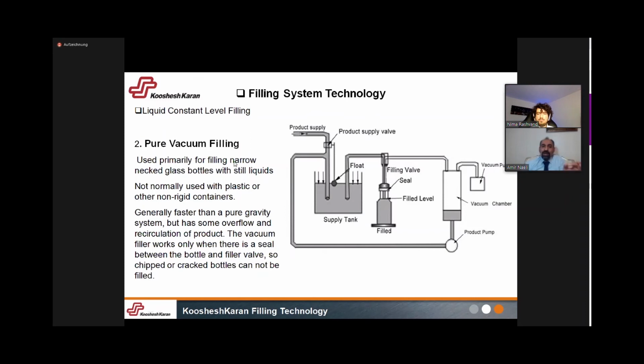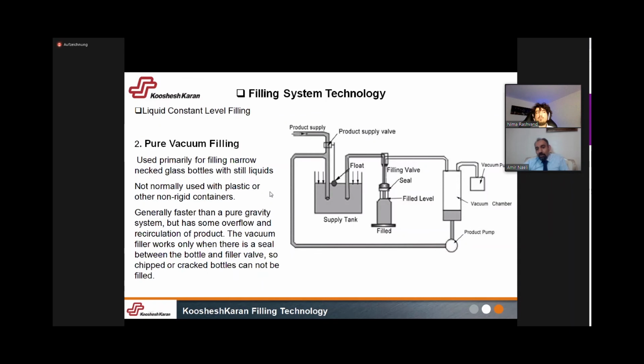The vacuum filling machine is normally not used for plastic and other non-rigid containers because the vacuum will jam the bottle, the PET bottle.